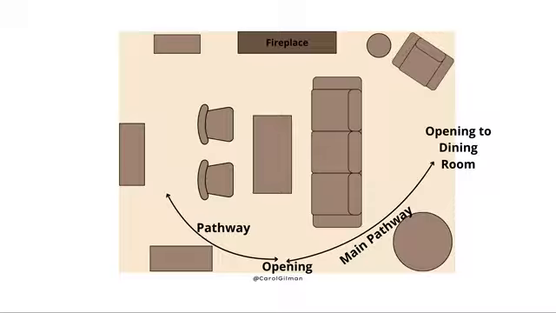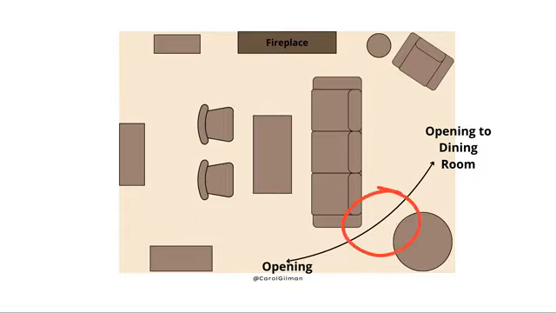So because this room has the sofa on that one end, plus there's this larger table in the corner, it's kind of creating an awkward little passageway there to get to the other dining room area. Well, just by kind of rethinking how to arrange that furniture, I think it will make a difference on how free and clear and how much flow that room will have.